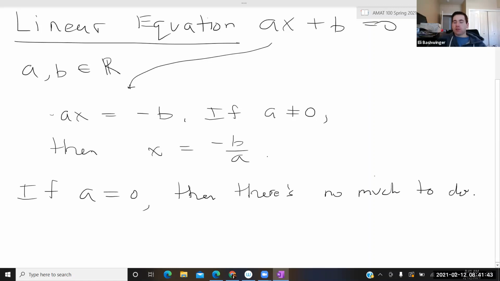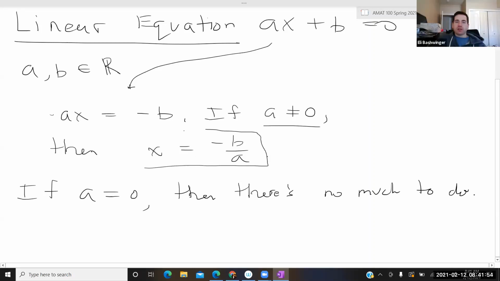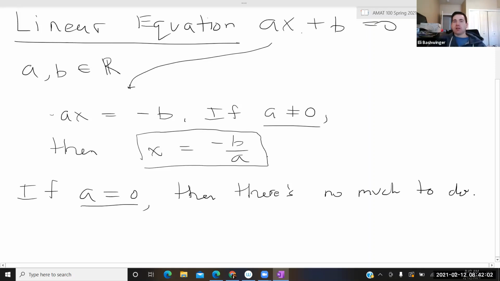If a is 0, then ax is 0, and that forces b to be 0, so everything is 0.